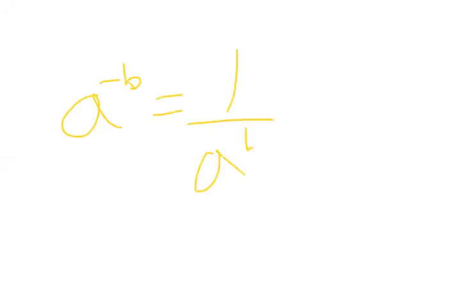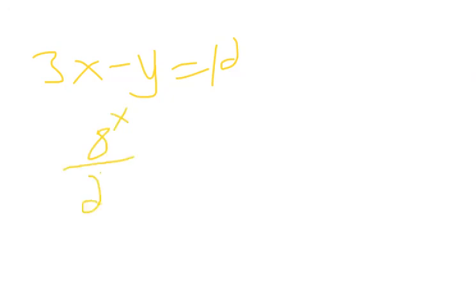You just do 1 over, and make the exponent positive. Any number to the first power is itself. That's the rule. And anything to 0 is 1.